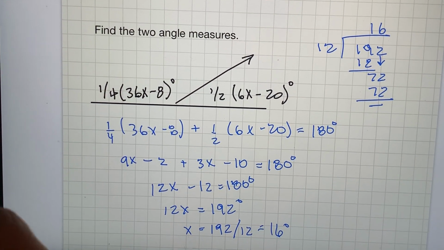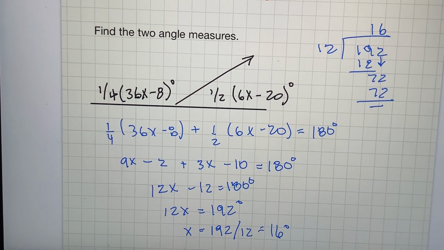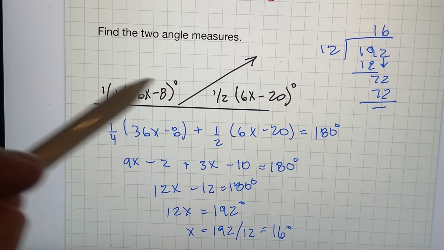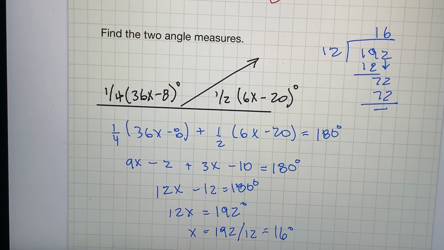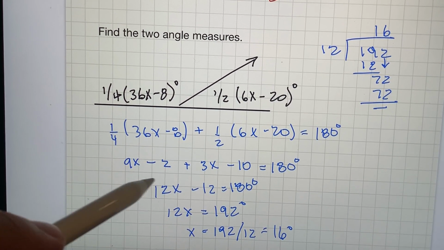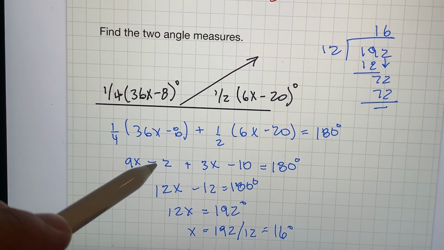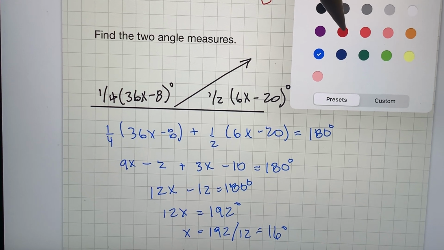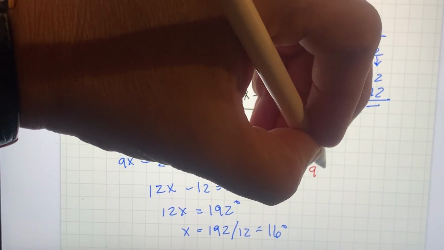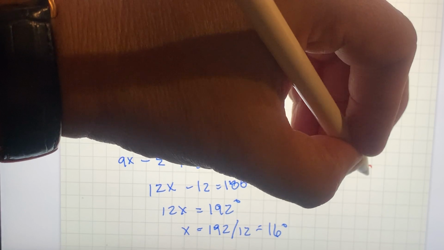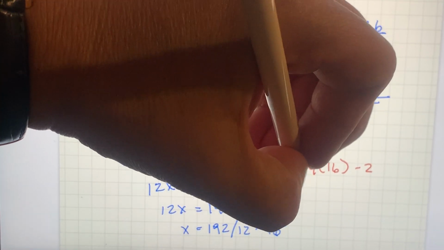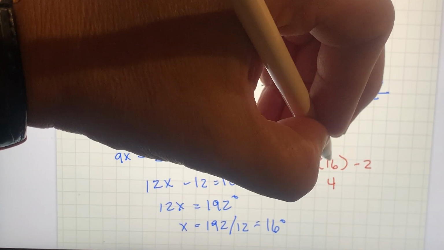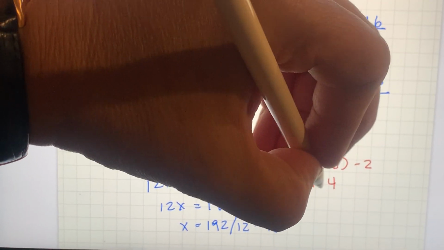Okay, now that we know that x equals 16, let's work it in the simplified version because otherwise it's more complicated to try to solve it here. So I'll say for the first part is 9x minus 2. So 9x, let me change colors so that we can easily see. 9 times 16 minus 2 would be the same as, that's 54, you carry 5, 9 times 1 is, so that'll be 144.